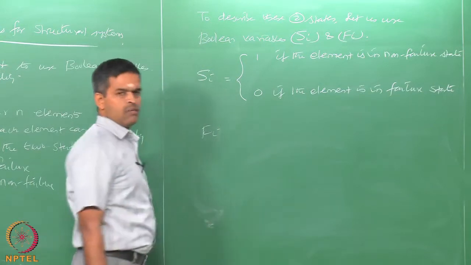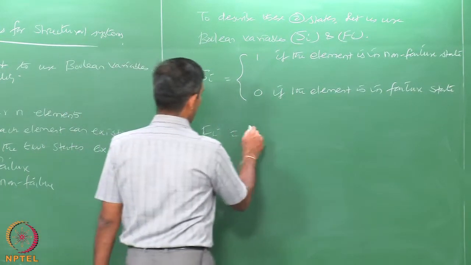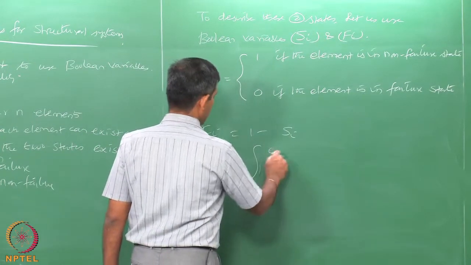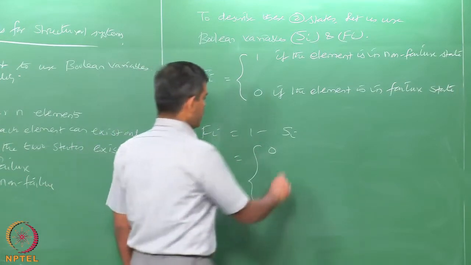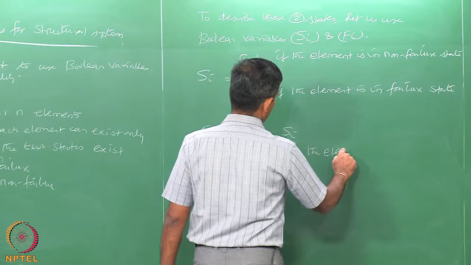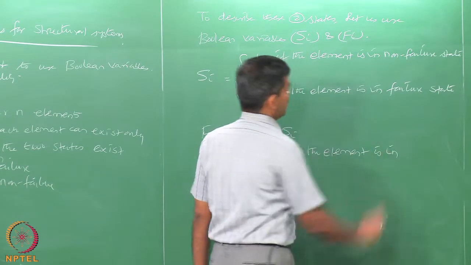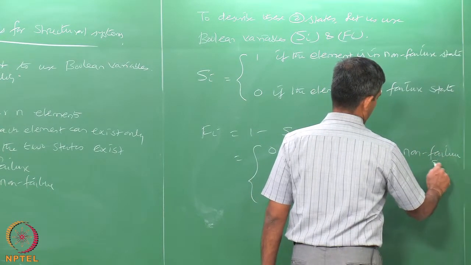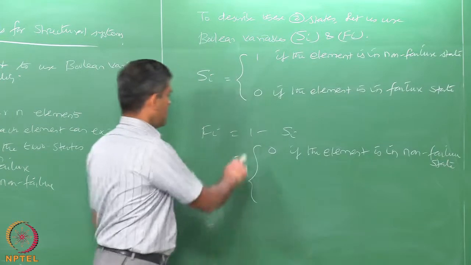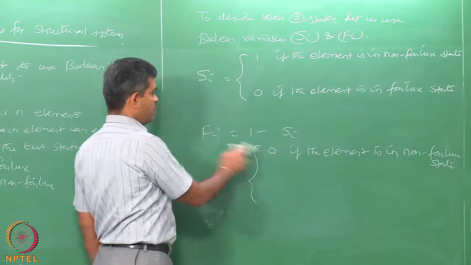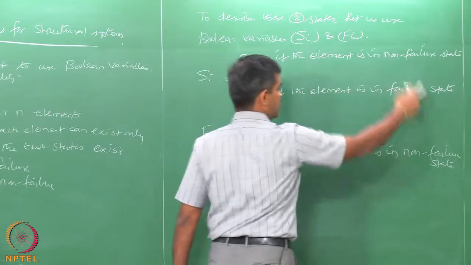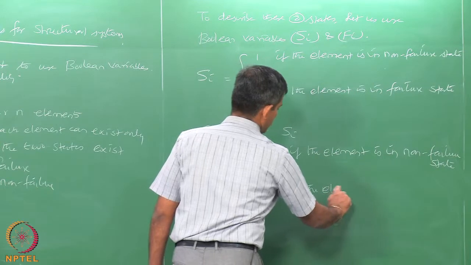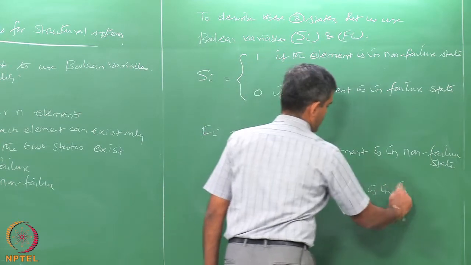Fi, which is also a Boolean variable, is 1 minus Si, which again says 0 if the element is in a non failure state, because it is 1 minus Si. For Si 1, Fi becomes 0 for a non failure state, and obviously it is 1 if the element is in failure state.